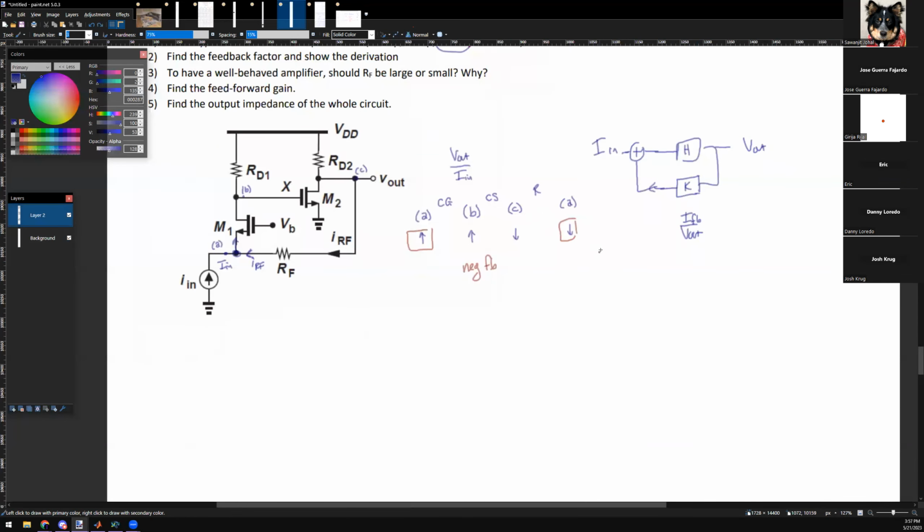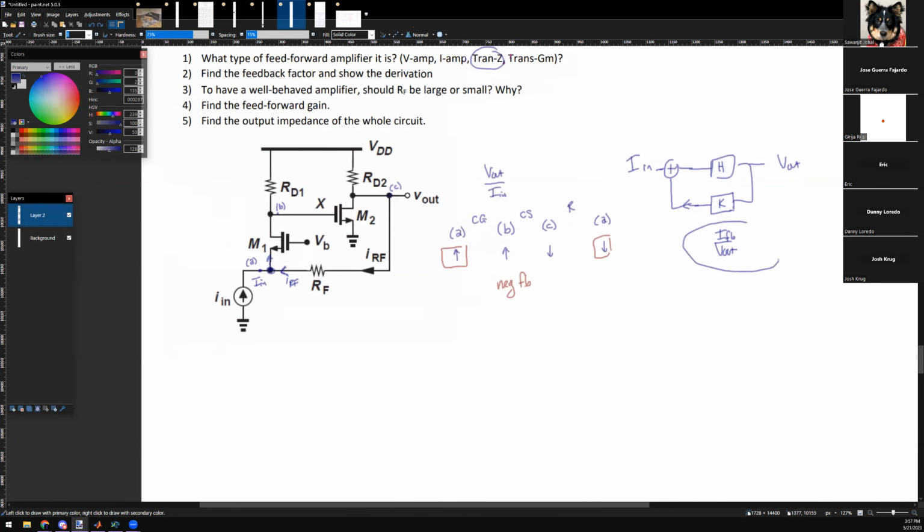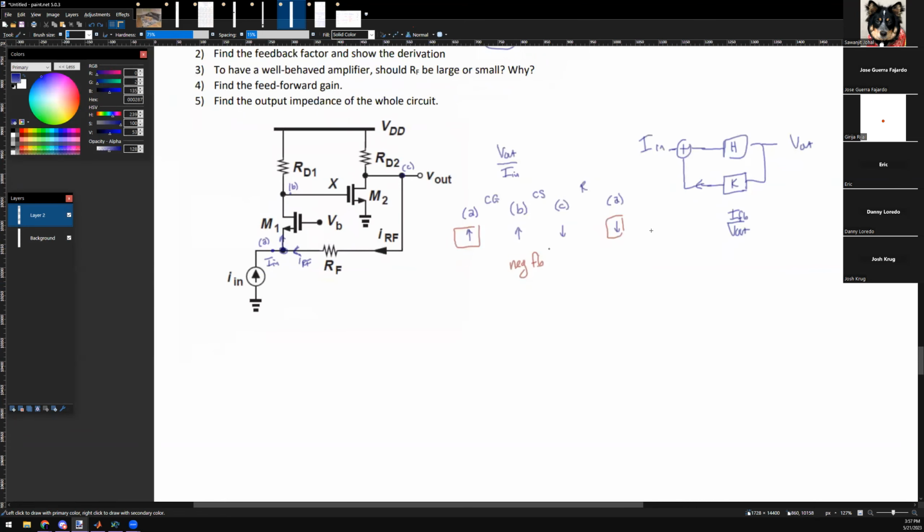Therefore, K has to be 1 over resistor, something like that. Yes, exactly. That's how the units of K have to work. Otherwise, I can't add this signal. The signals all to the left are currents, and the signals all to the right are voltages. So I need to find IRF as a function of V out.